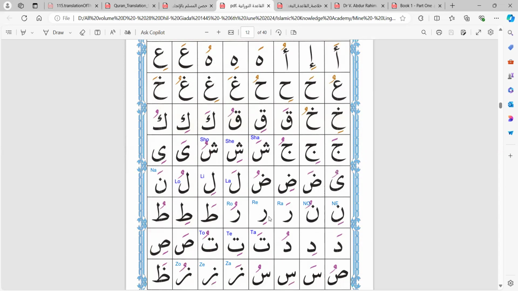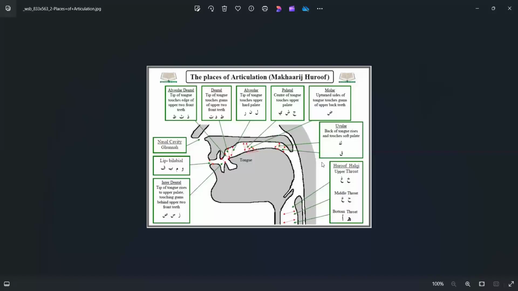Together, ra, ri, ru. Then we come to 3 letters, ta, dal, ta. In these 3 letters, as you notice here, the tip of the tongue touches the gums of the upper 2 front teeth.